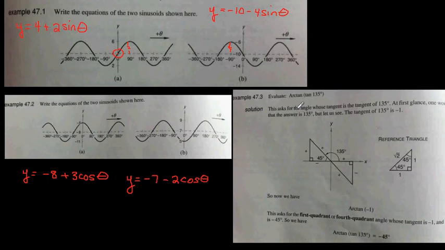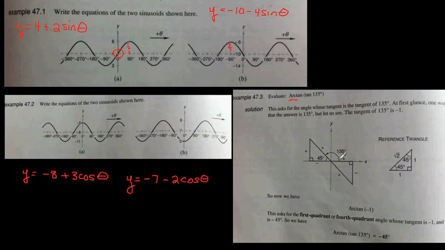Okay, the last one we're going to do is arctan. So the problem says evaluate the arctan of the tangent of 135. So we need to find the angle, that's what this arctan means, it means the angle of the tangent of 135.